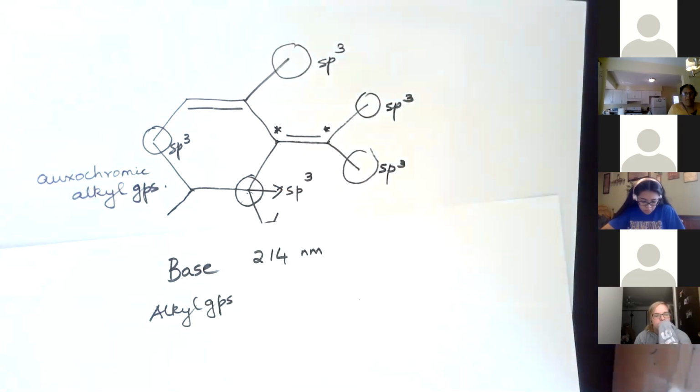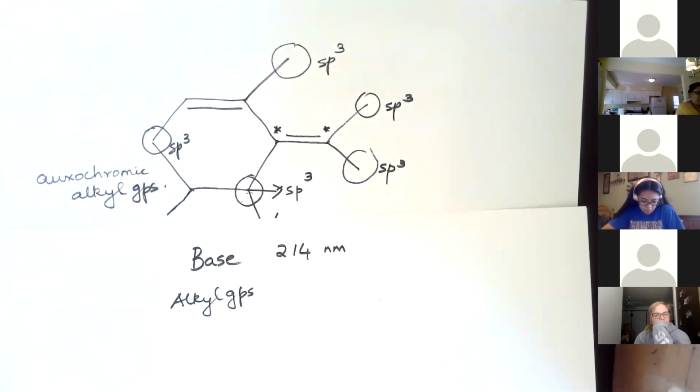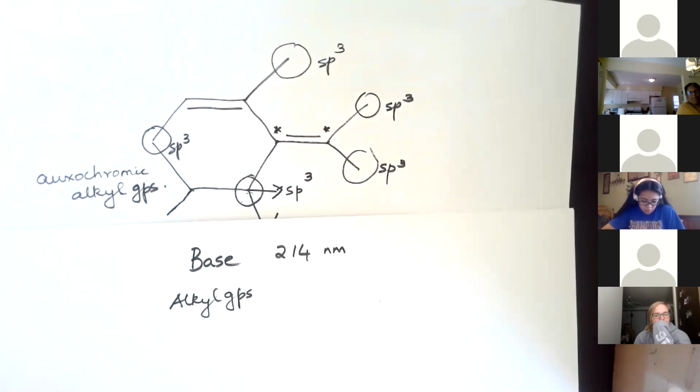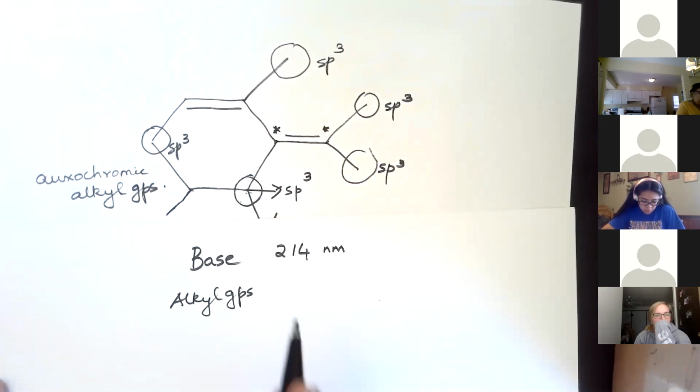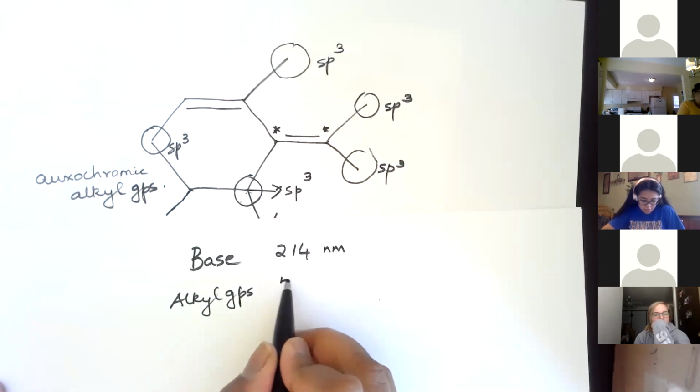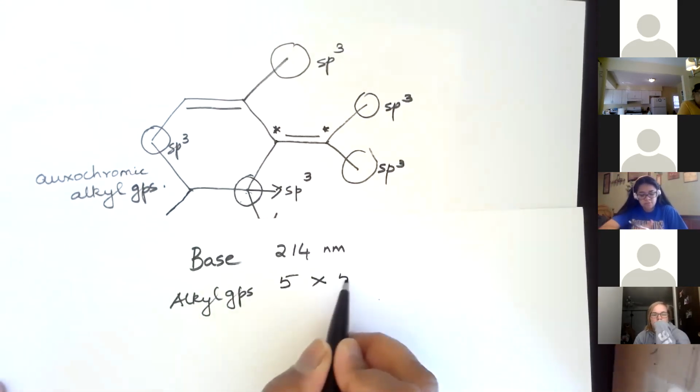Carbon, not hydrogen. Okay, sp3 has to be a carbon here. And we are not looking at any heteroatoms, thank the Lord. All right, so how many alkyl groups have I circled? 5.